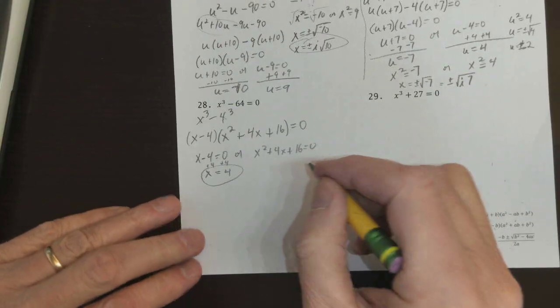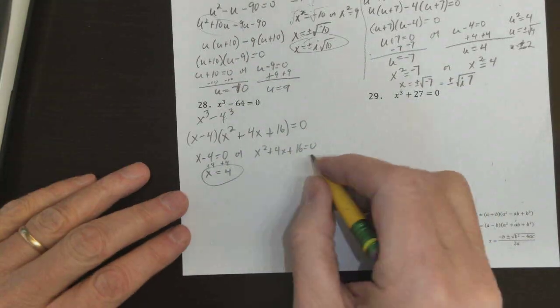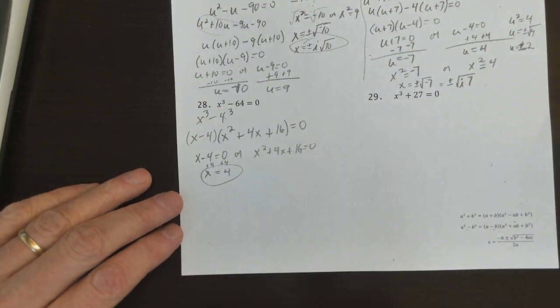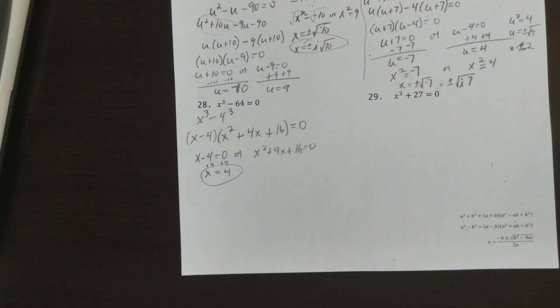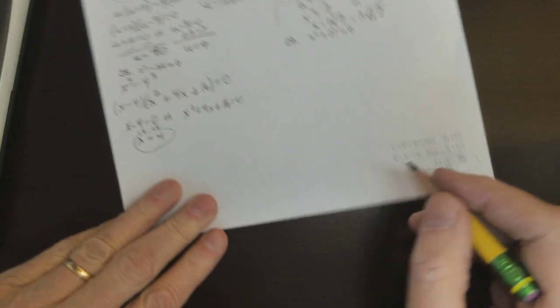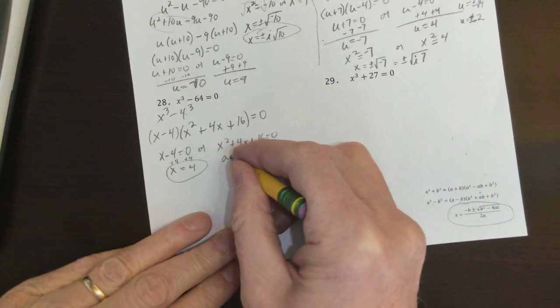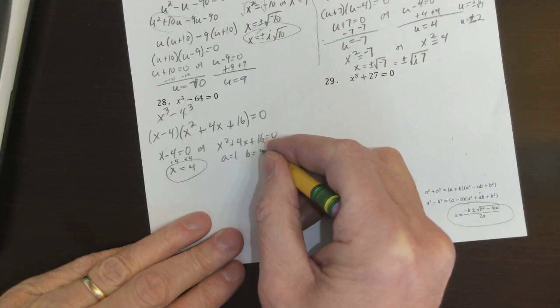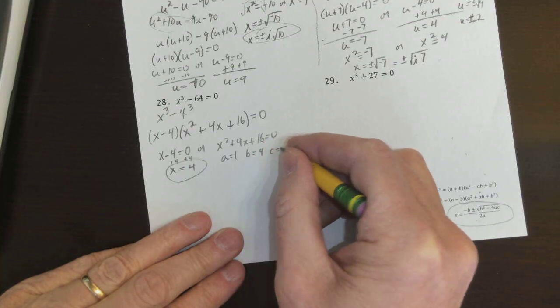Now, this one, okay, it's not going to factor. We're not going to find two numbers that multiply to 16 and add to 4. So I'm going to use the quadratic formula right here. A is 1, B is 4, and C is 16.